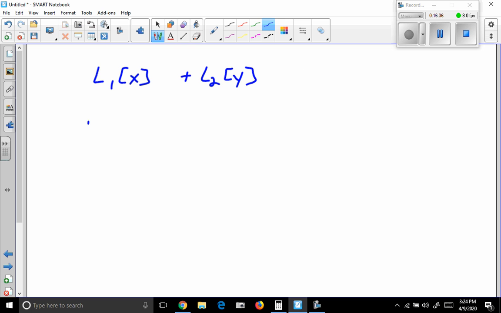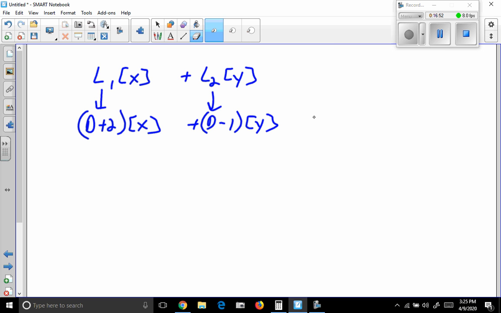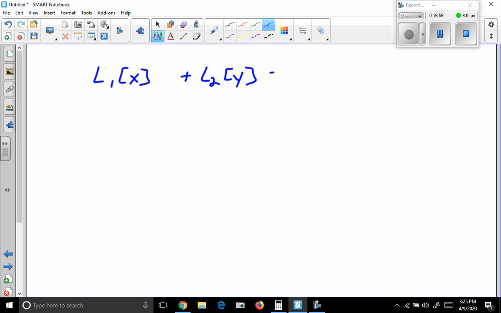For example, it could be d plus 2 is the operator on x, and d minus 1 is the operator on y. So L1 and L2 are just the operators on each of these. So that equals, let's call it F1, and then L3 on x and L4 on y equals F2.